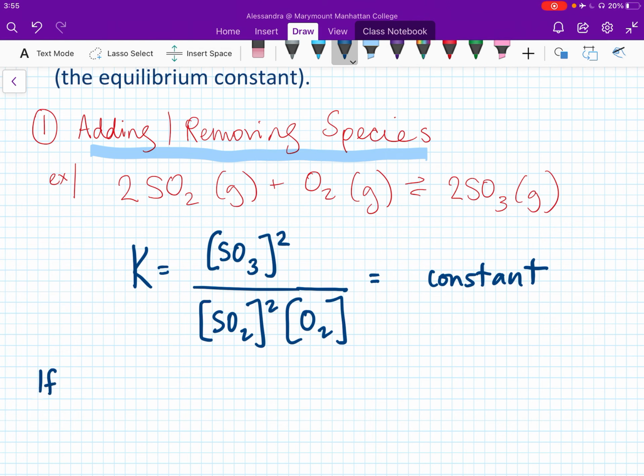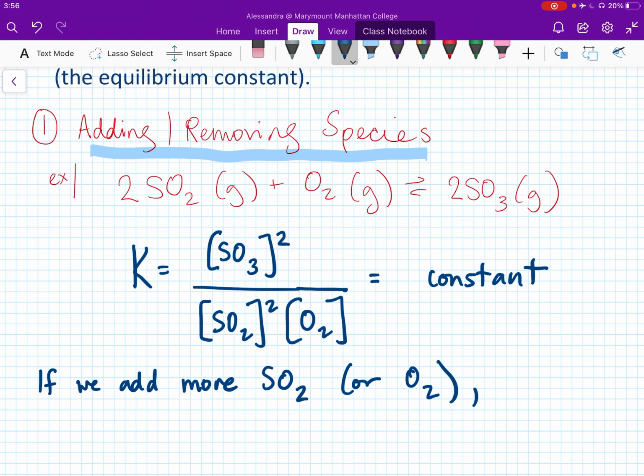So now I want you to imagine what happens if we add more SO2 or O2, either of the reactants, to the reaction. Look at K. If we add additional SO2 or O2, we are making the denominator bigger. But we want to keep this ratio of products to reactants constant.